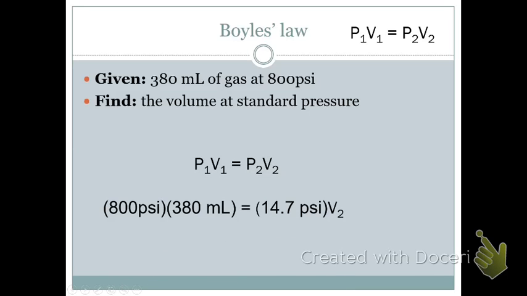And once again, here are all of our conditions. We have P1, which is 800 psi. We have V1, which is 380 milliliters. We have P2, which is our standard pressure. And we have V2, which we're trying to solve.